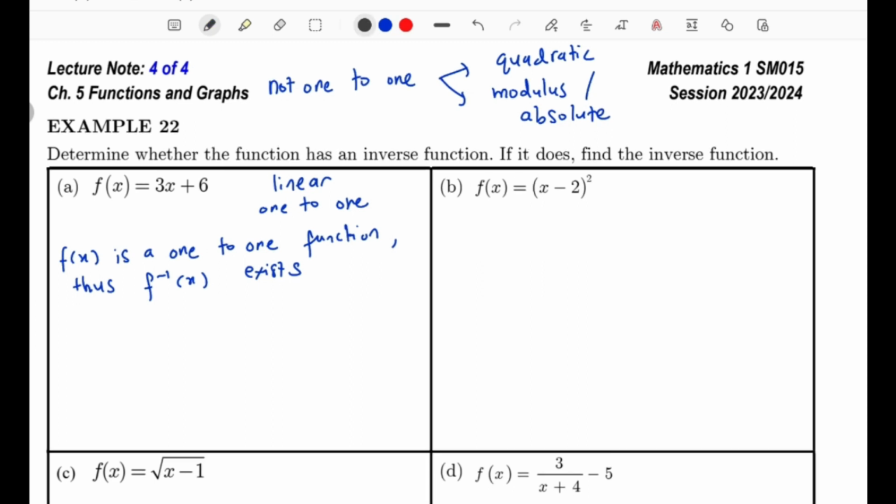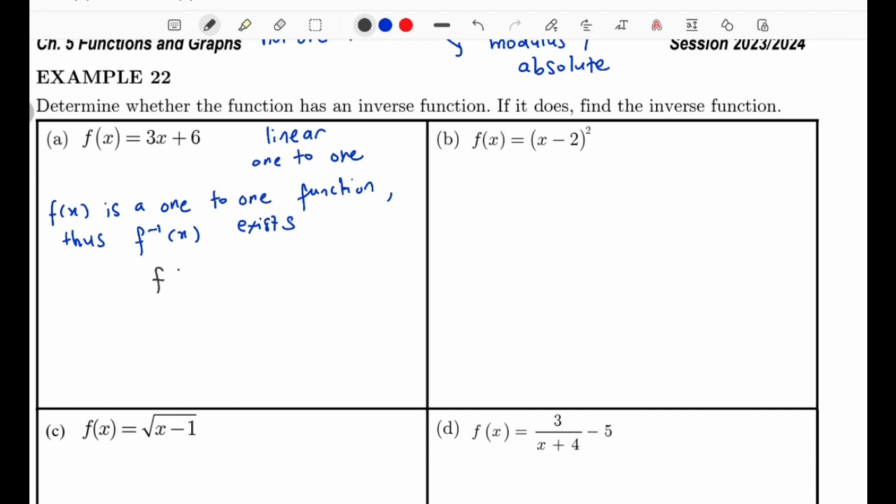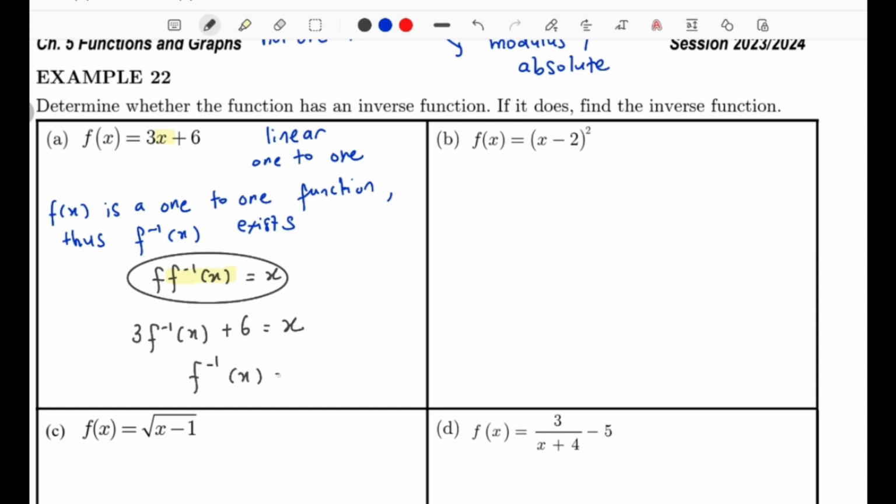To find the inverse function, we are going to use this formula: f of f inverse equals x. Which means we're going to substitute f inverse into the f. So 3 f inverse plus 6, and then make it equal to x. Rearrange until we have f inverse as the subject.